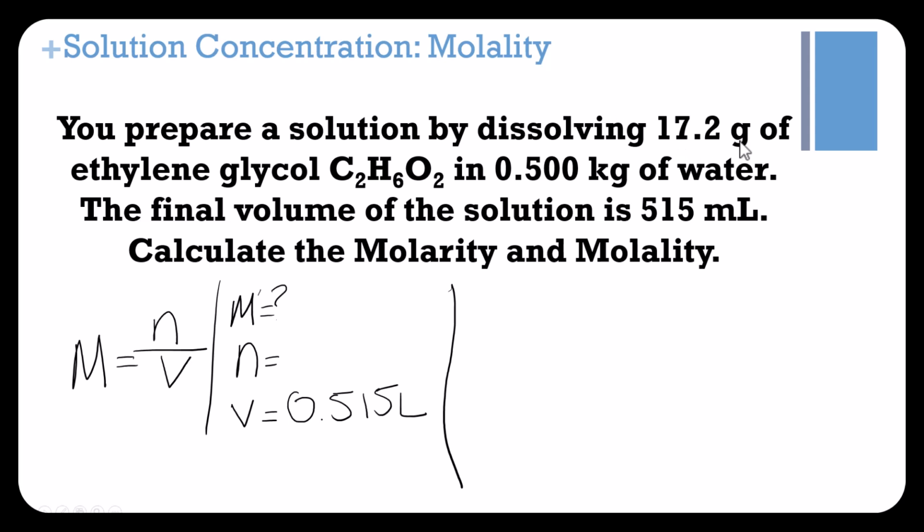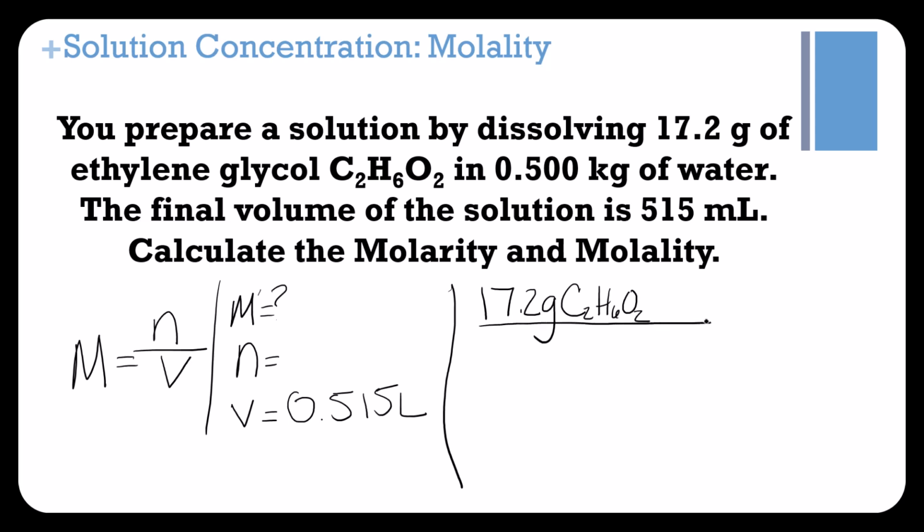So here we've got 17.2 grams of ethylene glycol. So 17.2 grams, and ethylene glycol is C2H6O2.